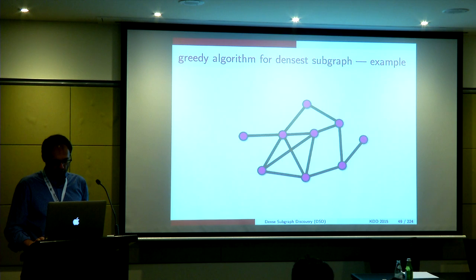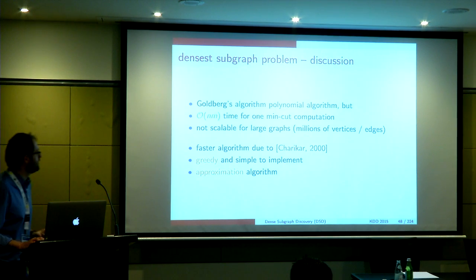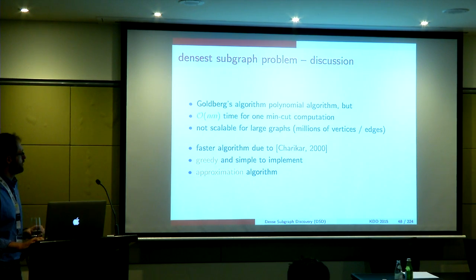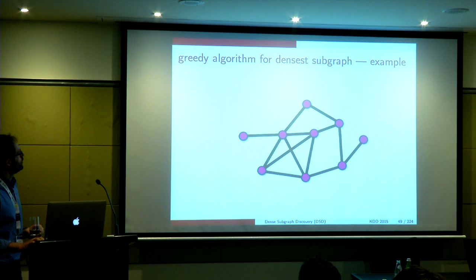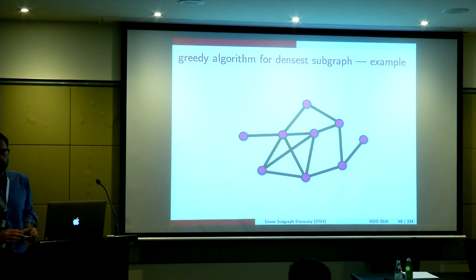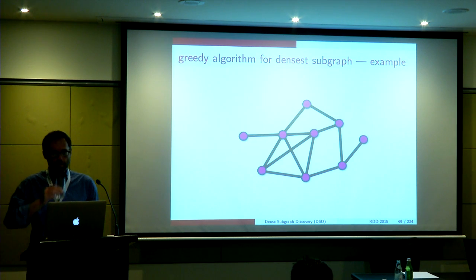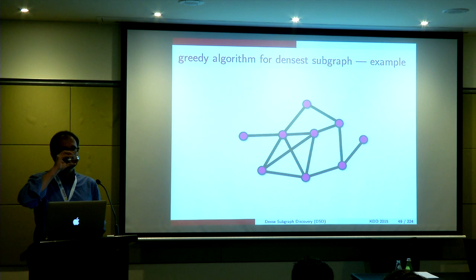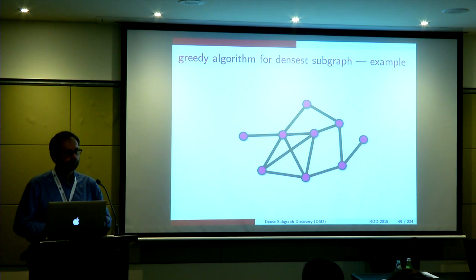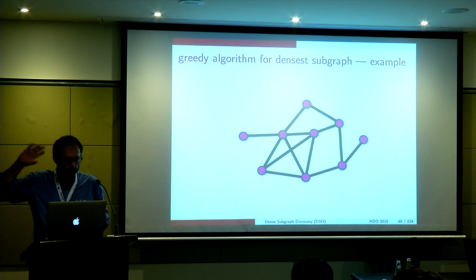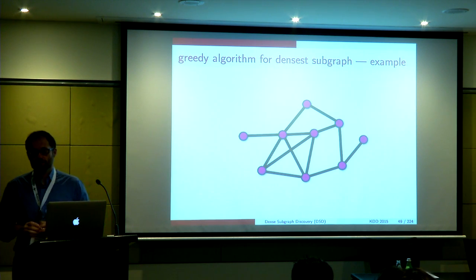Okay. So this is the algorithm. I'll first give you an illustration of the algorithm, and then we will see how it works. Let's say that I'm given this graph, and I want to find a dense subgraph. How would you do it? What would be your intuition to find a dense subgraph? Let's say you don't know this fancy transformation to the min cut.